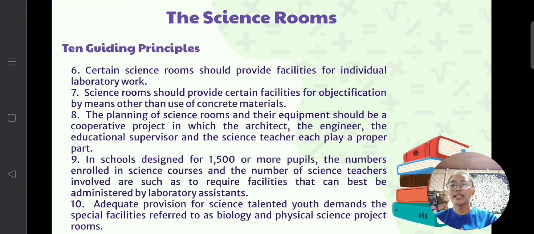And then next, science rooms should provide certain facilities for objectification by means other than use of concrete material. So this guiding principle calls attention to such items as the blackboard, bulletin board, display features, charts, and what is specially referred to as audiovisual instruction.